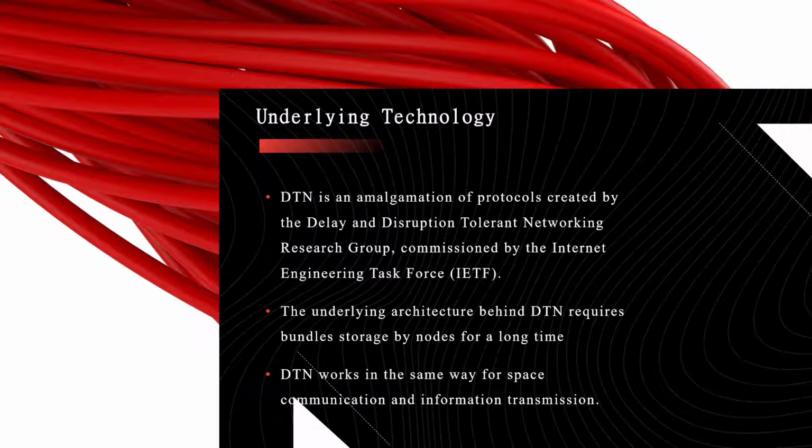As with terrestrial networks, where IP protocols provide transport layer network and service, DTN works in the same way for space communication and information transmission. The technology comprises a message center and end-to-end overlay described as the bundle layer. Digital devices that use this layer are defined as DTN nodes. This layer is found above the transport layer and below other applications.